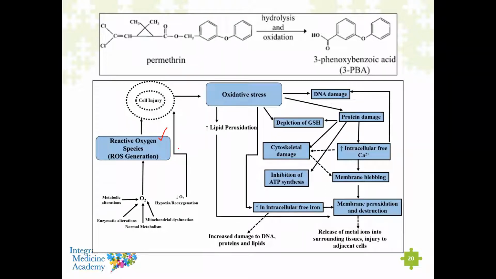Again, I'll show you a picture of this shortly. These chemicals tend to damage our mitochondria, affect metabolism, or alter enzyme reactivity. And then runaway oxidative stress can damage our DNA, can damage cytoskeletal function, inhibit ATP synthesis, and then ultimately lead to a glutathione deficiency.